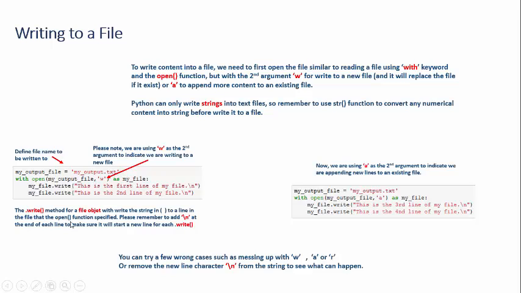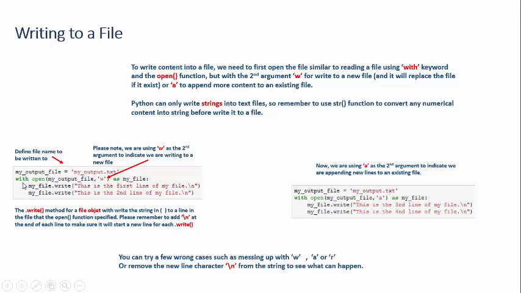Here is one example. In this particular example, I first define the file name that I want the data to write to, which is my output.txt. I'm using the relative path, and here is a variable containing my file name.